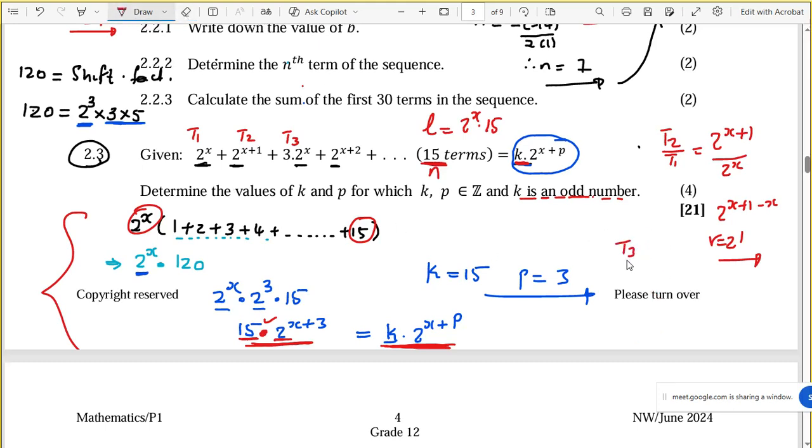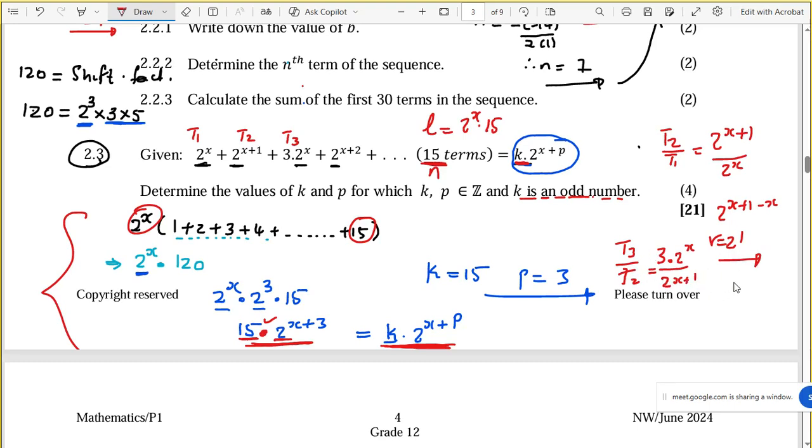This will be T3 over T2, where T3 is 3 times 2^x over 2^(x+1). You see, already by looking at this, you can see that there's no way we get 2.